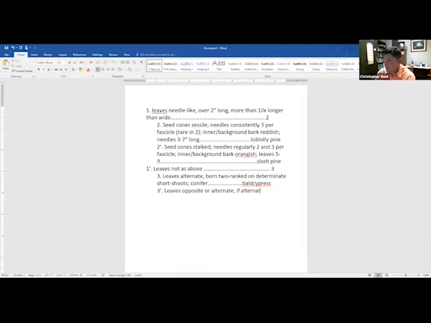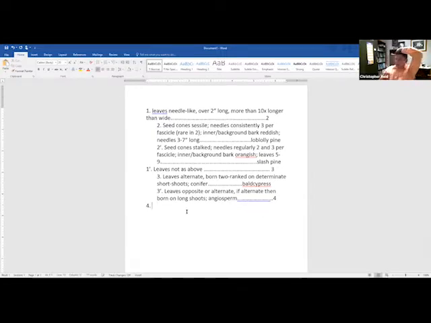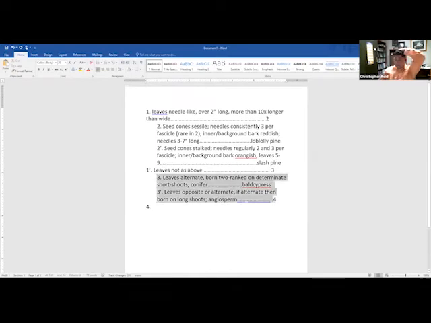If alternate, then borne on long shoots, angiosperm. So I think we've countered that. So now we can go on to 4. Does that make sense?